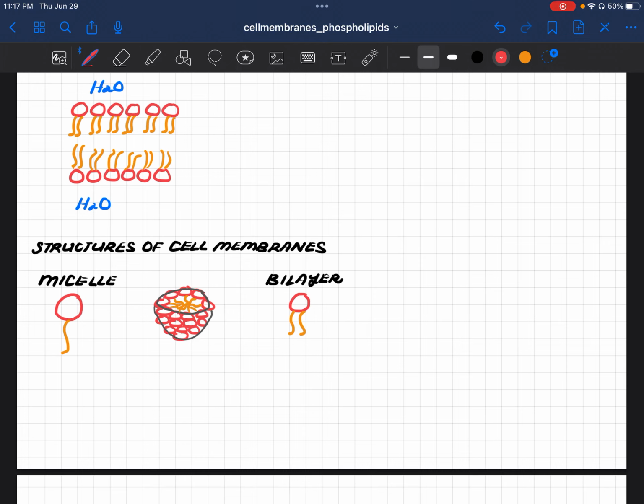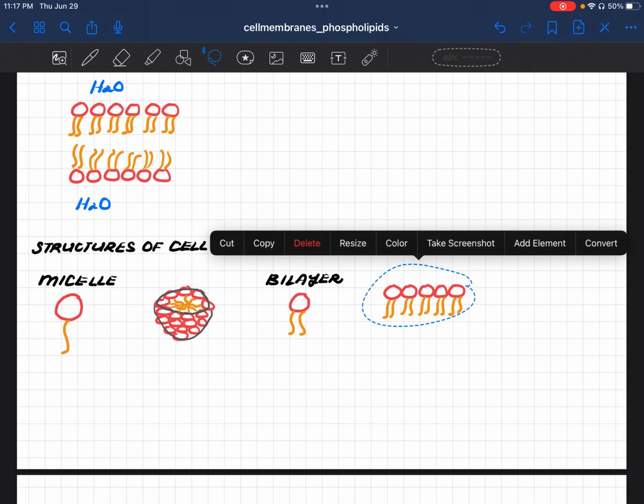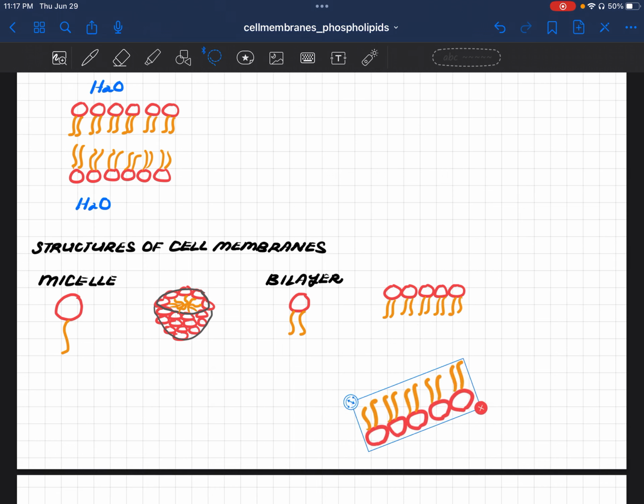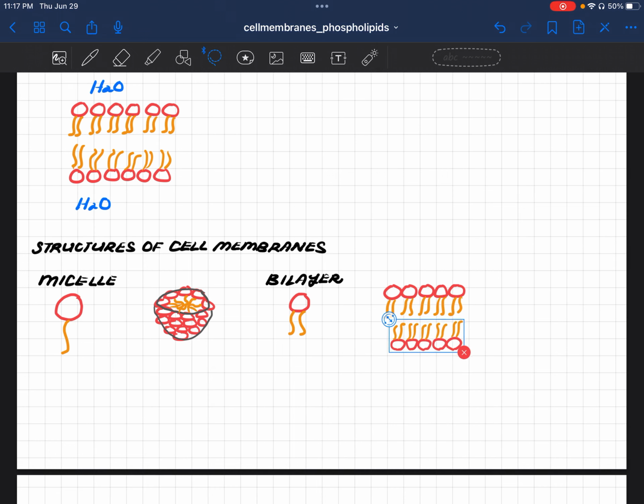So what we have in a lipid bilayer structure is just a more rectangular arrangement. Like this. So this is a lipid bilayer structure.